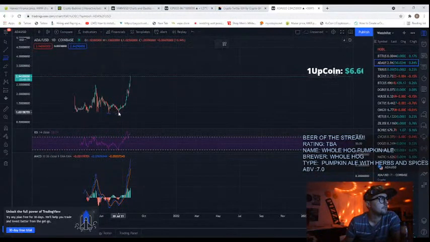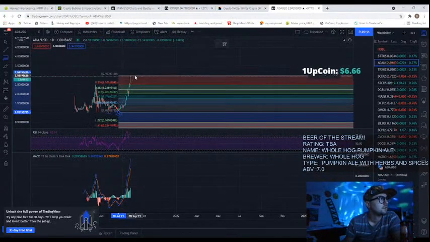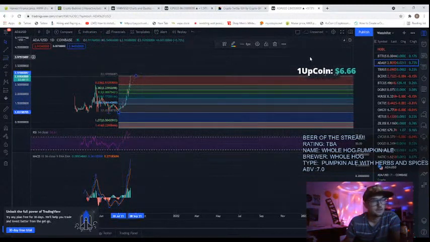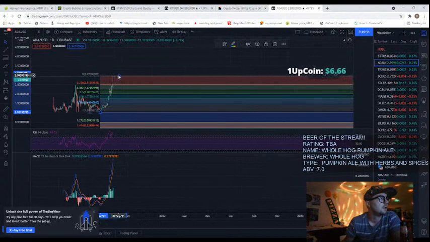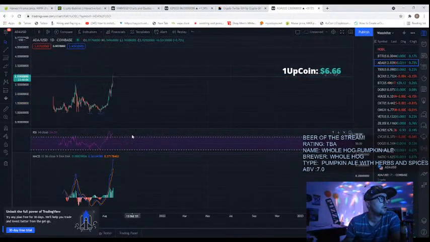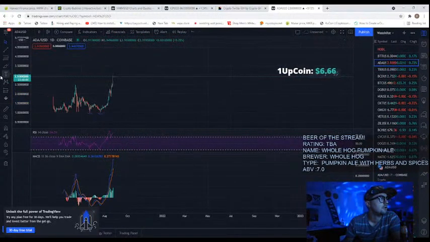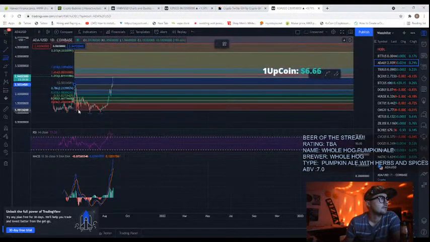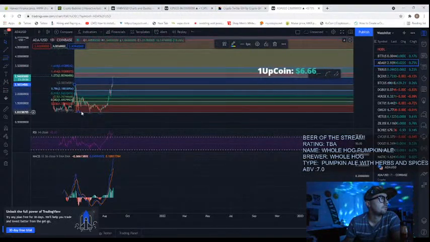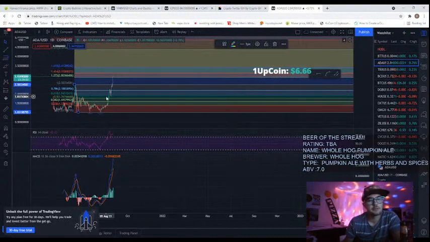You have to go from the swing low to the swing high, or you can go from the swing high to the swing low, which is what we had plotted before.